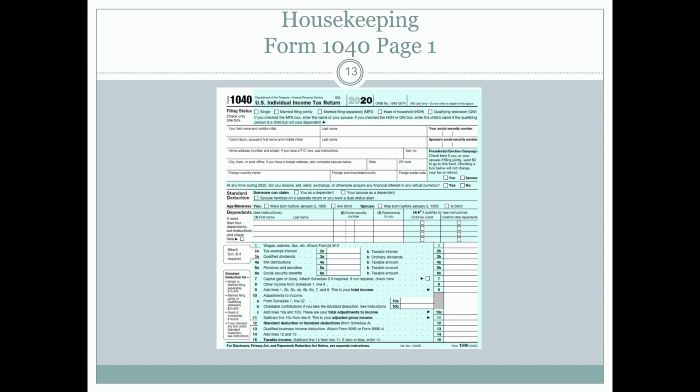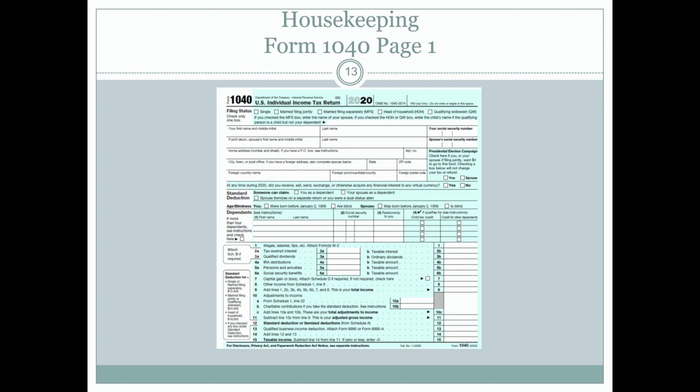So the next form that you see is page 1 of the Form 1040. This is what a tax client will receive once we input their information into TaxSlayer. This is the first page of the Form 1040.